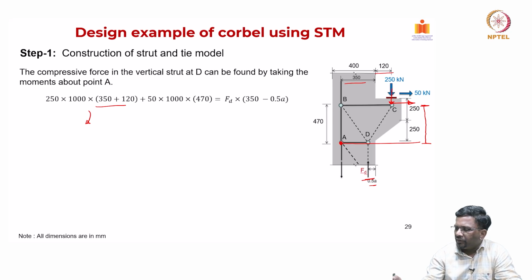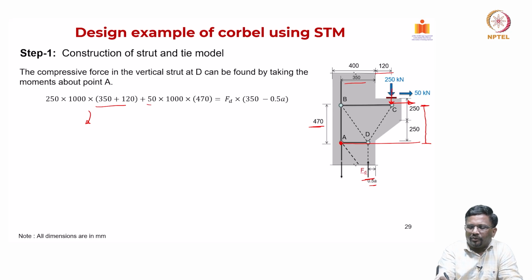Here we are assuming half A is equal to 30 millimeter. That is why I am subtracting this 30 from 500 to work out 470.